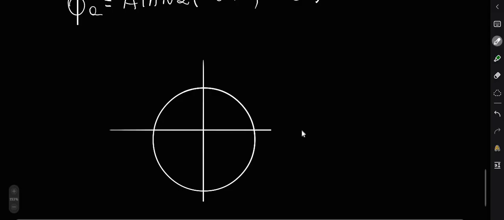Appendix A says that if both sine and cosine are negative, this angle is in the third quadrant. And this is anti-clockwise, not clockwise, it's anti-clockwise.